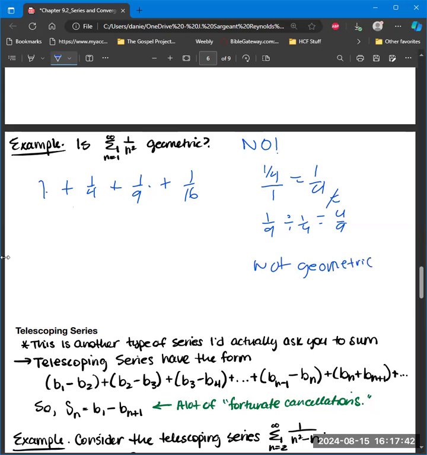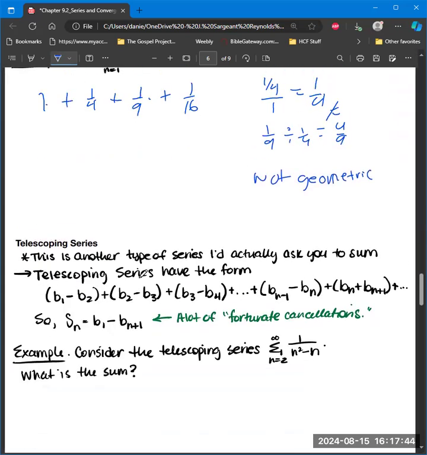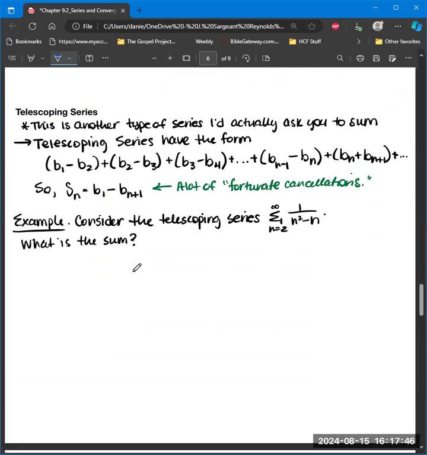This is going to be another type of series that we're going to learn how to deal with some other time later in chapter 9.